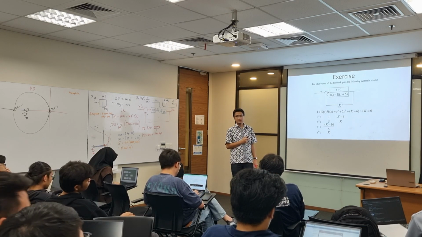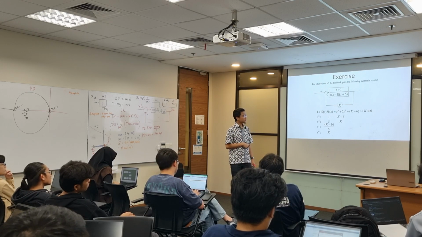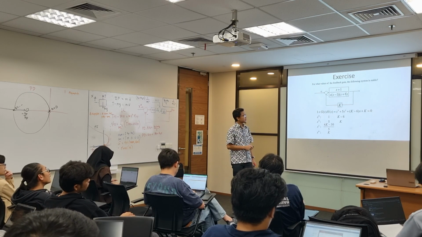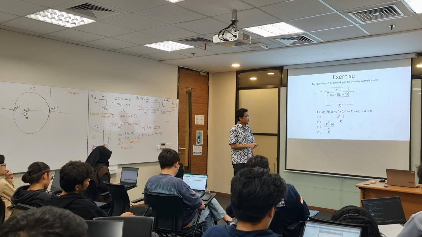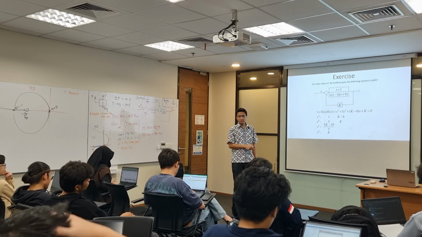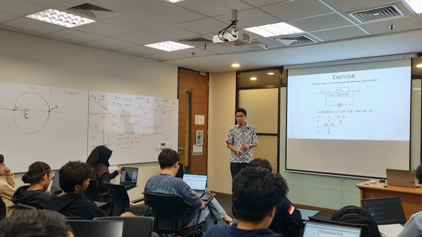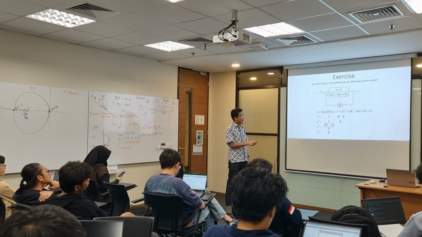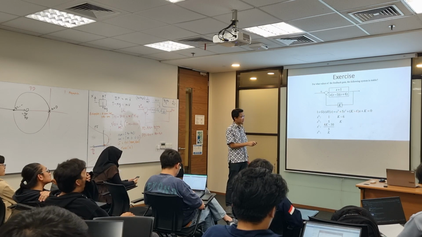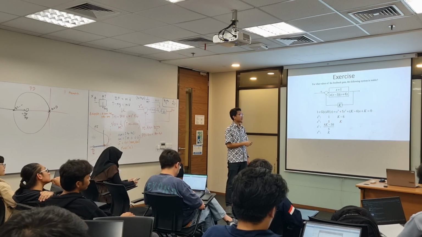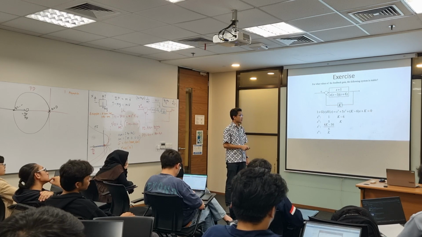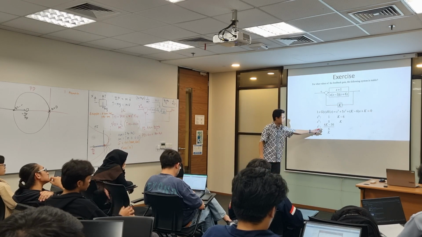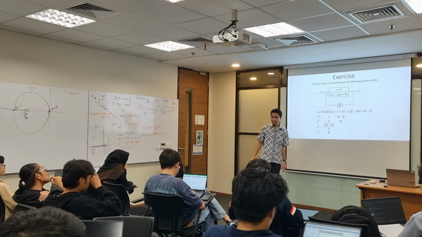Another exercise which I put on the lecture notes is this one. This is the polynomial of the denominator of the closed loop system. We have 1, k minus 6, and then 5, and then k. From here, what is the value of k so that the system remains stable?